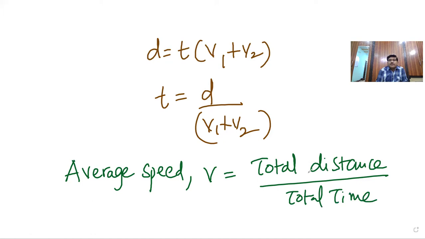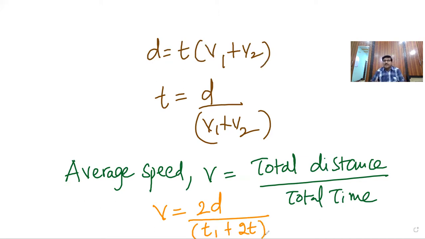Total distance, what we assumed, is 2d. The total time: the first half is with time t1, and the second half is t plus t, meaning 2t.